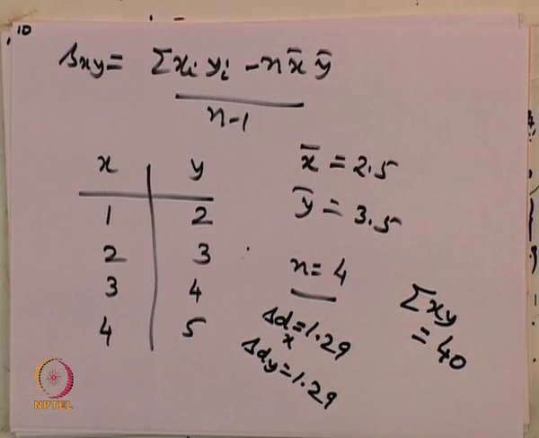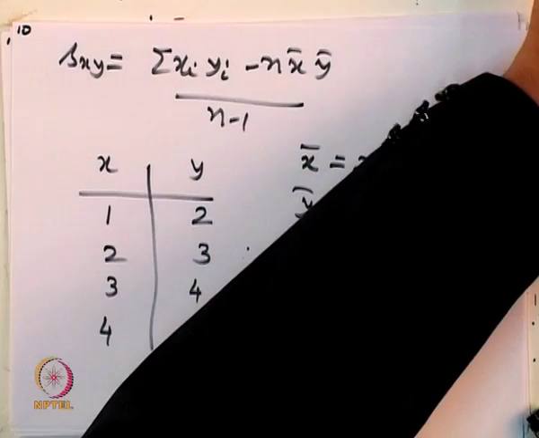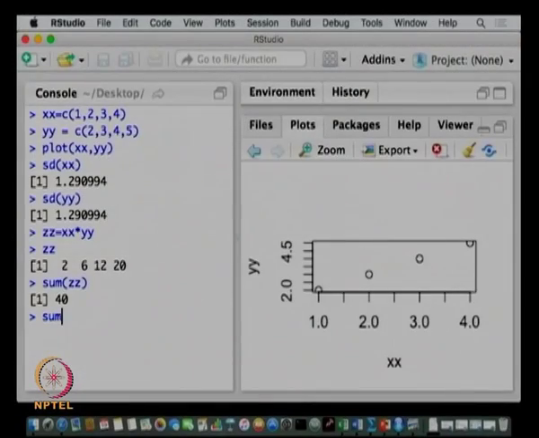Okay. So, now let us calculate. I know n is equal to 4. So, sum of Zz minus n, which is 4, star x bar, which is 2.5, star y bar, which is 3.5, gives me a value of 35. So, I can get the value of Sxy.